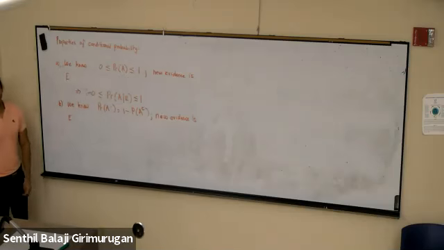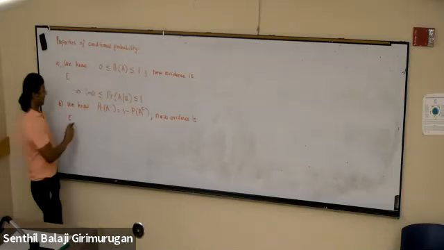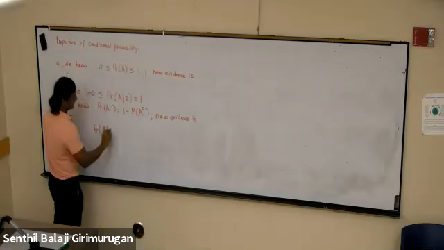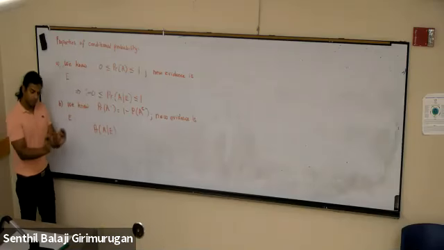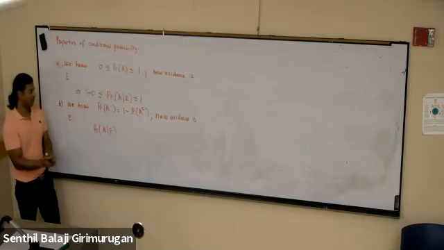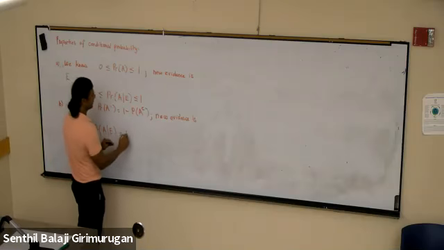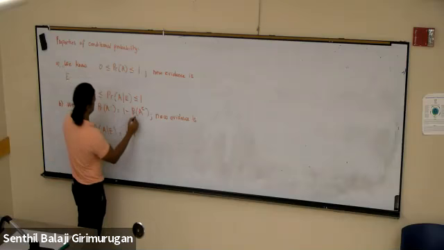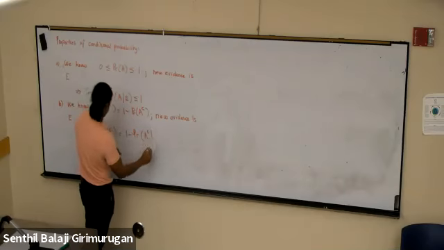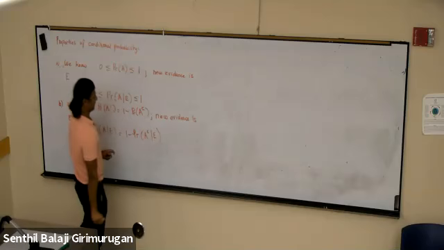Whatever applies for A should also apply when I bring in that new evidence. So this would be equal to 1 minus the probability of A complement given E.